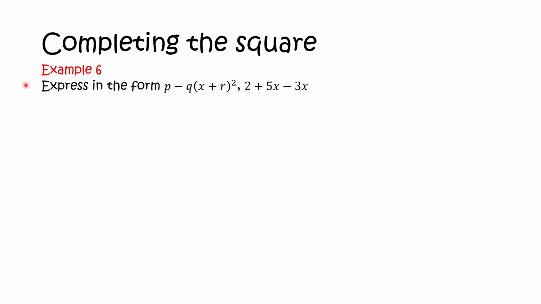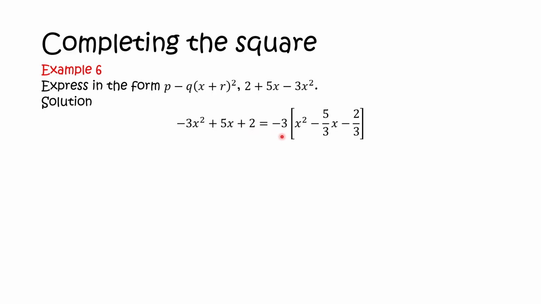Let's look at example 6. Now, in example 6, we have 2 plus 5x minus 3x squared, and we are meant to express it in the form that is given there. The first thing, as usual, is to rearrange this quadratic expression in descending order of the powers of x, so that we have minus 3x squared plus 5x plus 2, because it's easier for us to see what terms are missing and what terms are there.